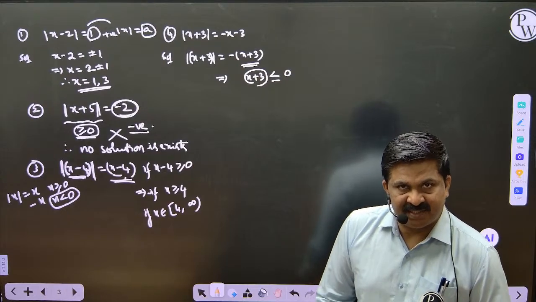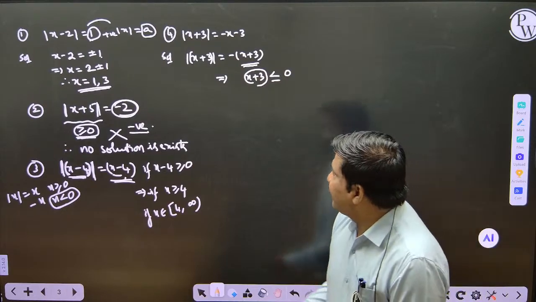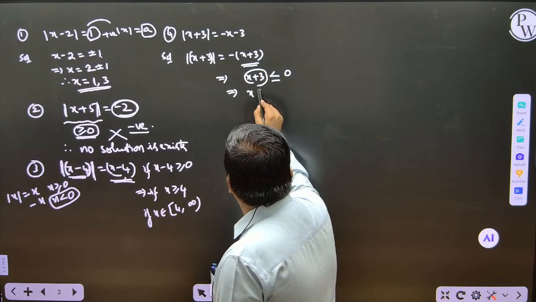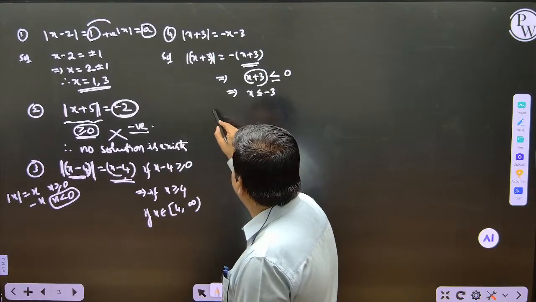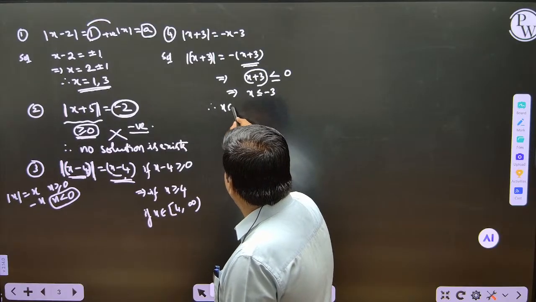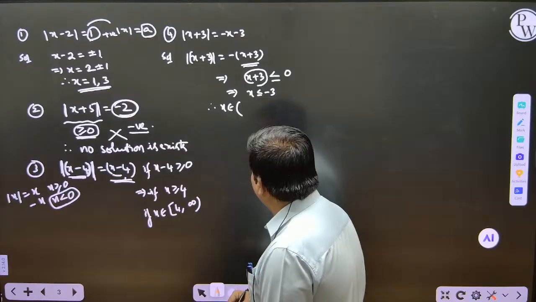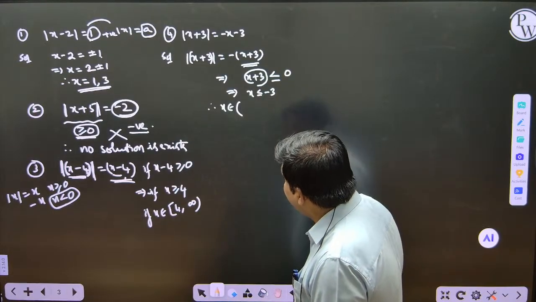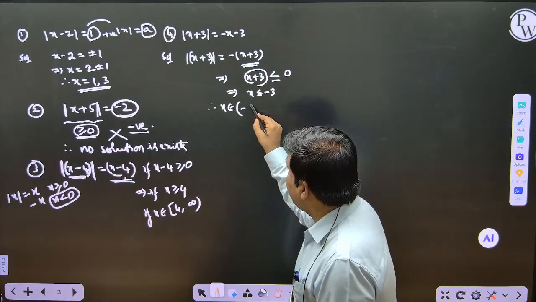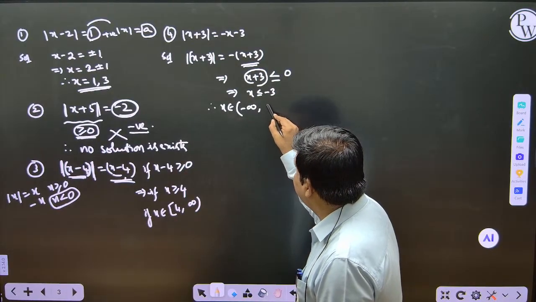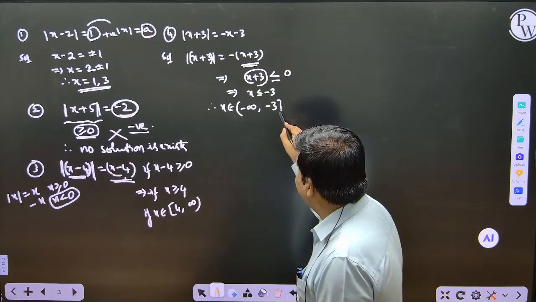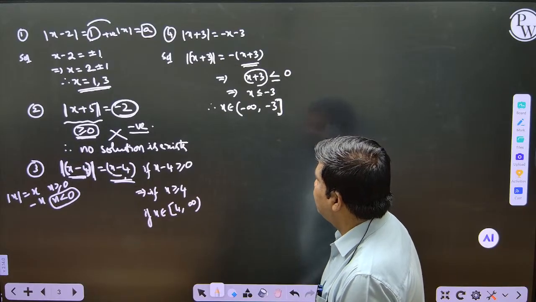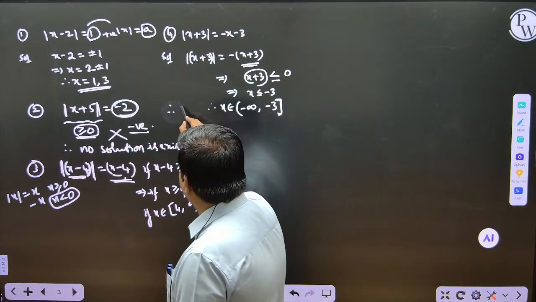That's why you can take equality. That implies x is less than or equal to minus 3. So x belongs to the ray less than or equal to minus 3, approaching minus infinity, with minus 3 included. This is your solution.